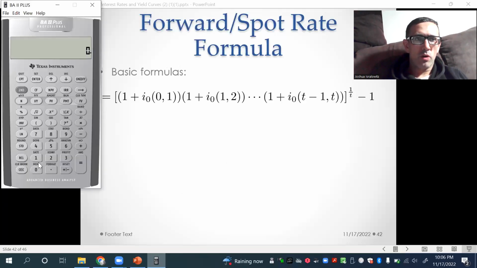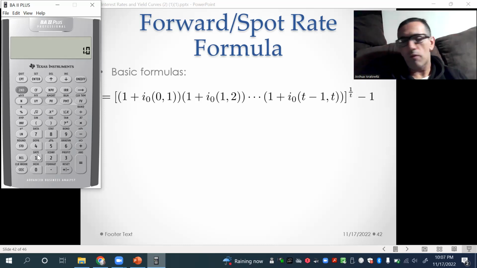All right, so let's get R3 first. 1.027 times 1.031, since 3.1% is the year 2 forward rate, times 1.04407, since 0.04407 is the year 3 forward rate.